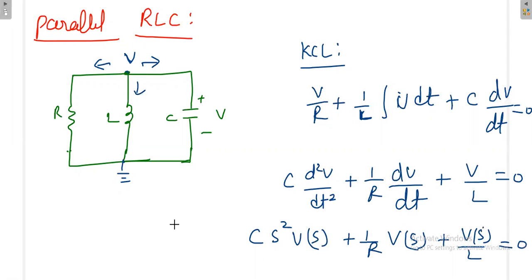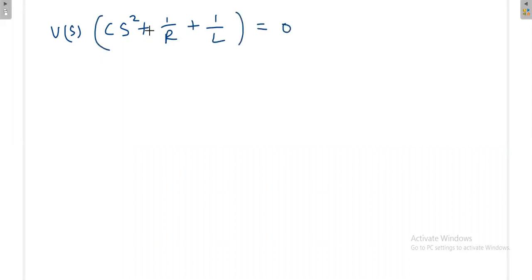You take that Vs outside, then we'll get Cs square plus S by R plus 1 by L equal to 0. That is, Vs times S square plus S by RC plus 1 by LC.